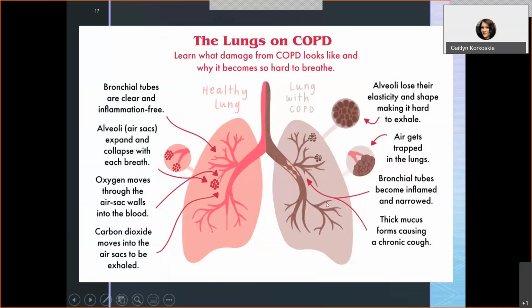You can see it is much darker than the healthy lung, with a brownish color rather than pinkish. Air can get trapped inside the lungs. The bronchial tubes can become inflamed and narrow, and there's usually a thick mucus that forms on the inner walls, so it's harder for them to breathe in and out.